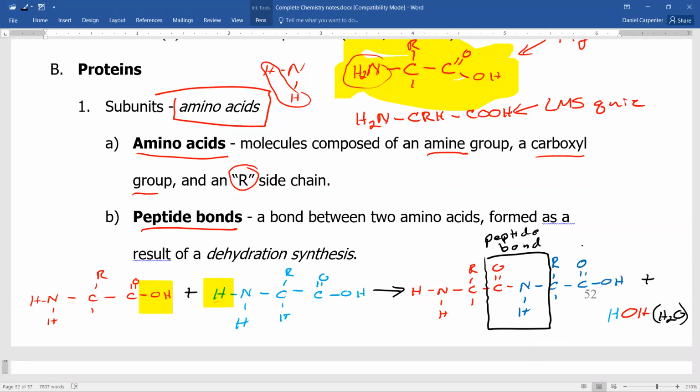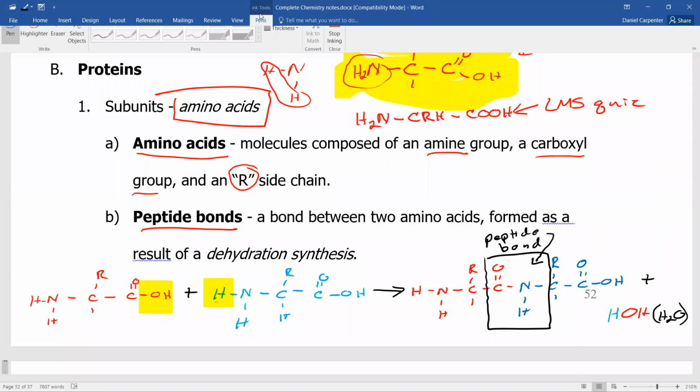And if you plan on taking the optional test, you are going to need to list that. Now, just the part in the box is the bond. The peptide bond is just the part in the black box. It is not the whole molecule. The whole molecule is a dipeptide, 2 amino acids, because we had 2 to start with and we combined them.